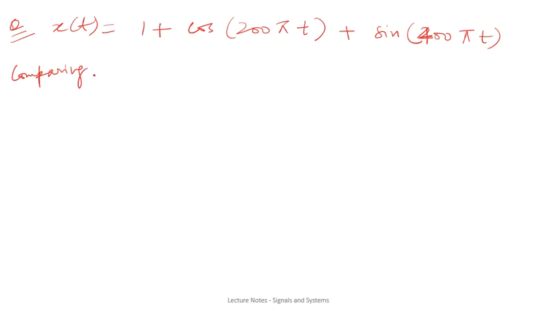So you can just compare it with the standard form. Try to compare these with their standard form: a naught plus a1 cos of omega 1 t. Since this is a cos, you compare it with a cos.